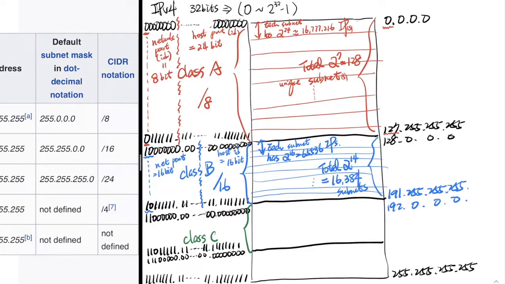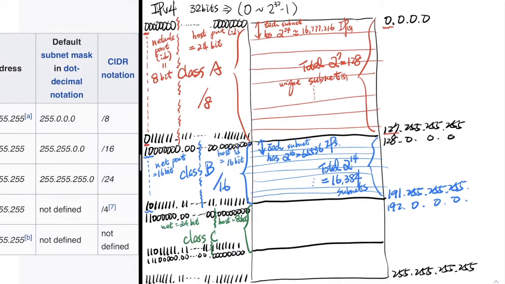For this class C, again, we manually define that the network part is 24 bits, and the host part has 8 bits.